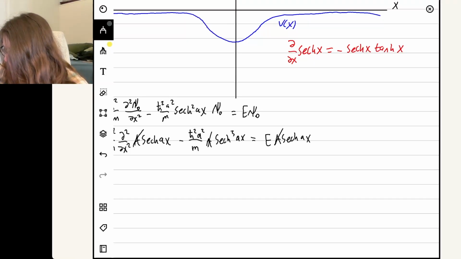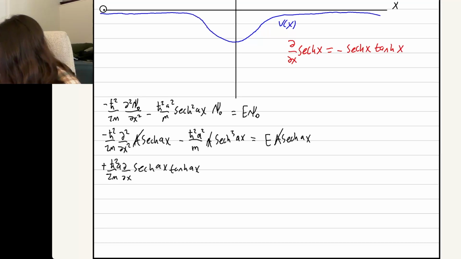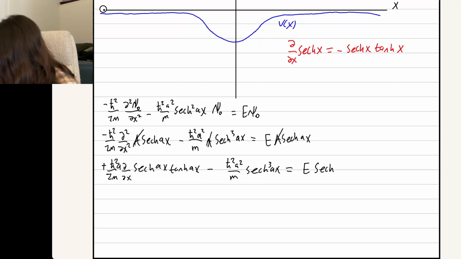So we're going to use that. We've got minus h bar squared over 2m, just doing the first derivative will give us plus a sech ax tanh ax. And now the potential term is just sech cubed ax, and then on the other side, just E sech ax.